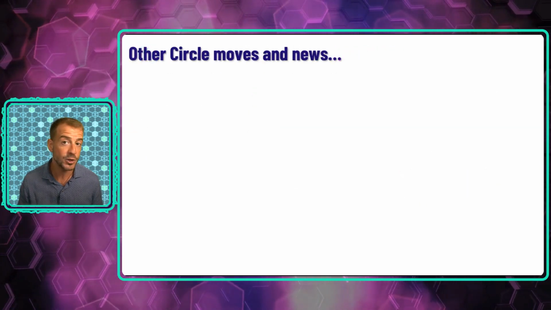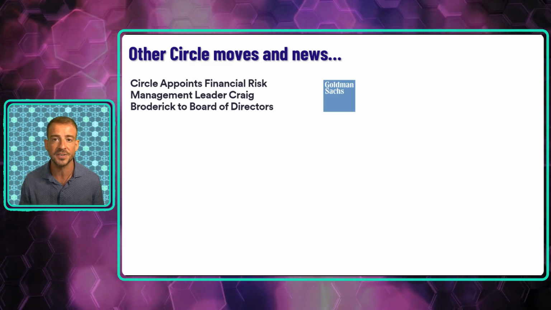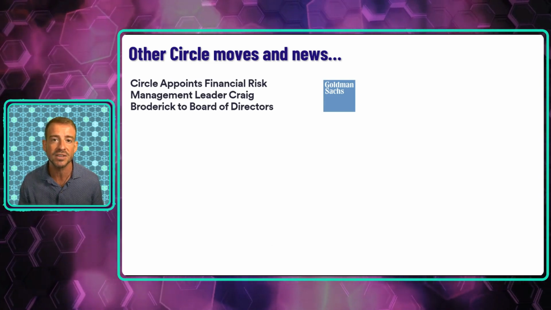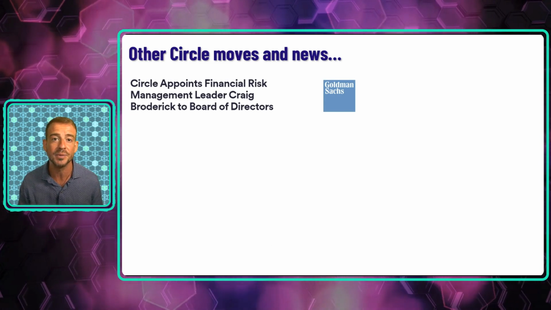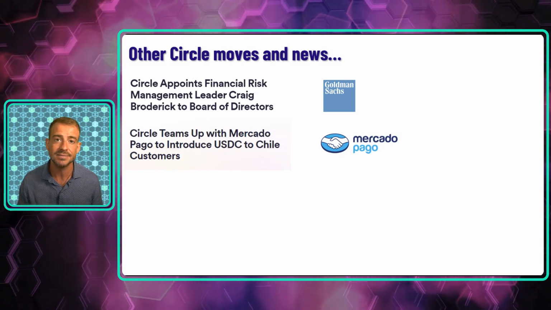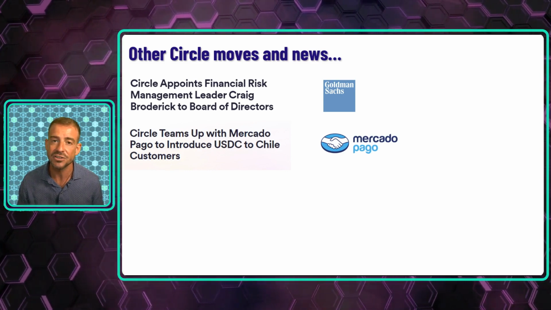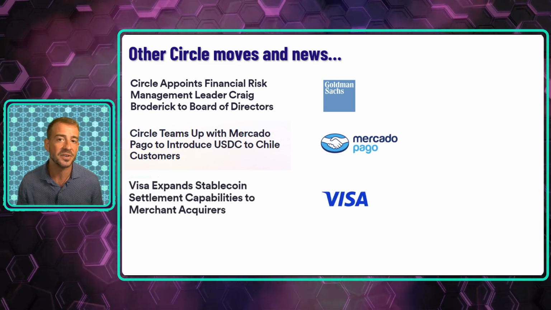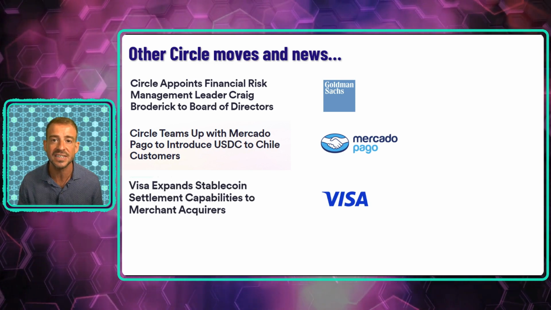In terms of other news and announcements, we've seen a strong chief risk officer appointment in July of 23, a professional with a 32-year-long career at Goldman Sachs. They've been teaming up with the Amazon of Latin America, Mercado Libre, offering USDC to the Chilean market. Visa is also expanding its stablecoin settlement, which also includes USDC.